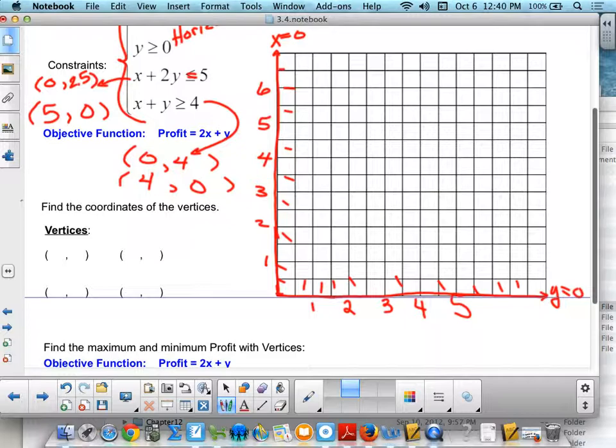Now if I graph this one, 0, 4 and 4, 0, it'd be here, and I would connect it. By the way, I want to tell myself that's x plus y equals 4. What about shading that line?